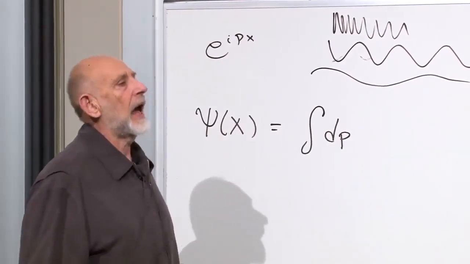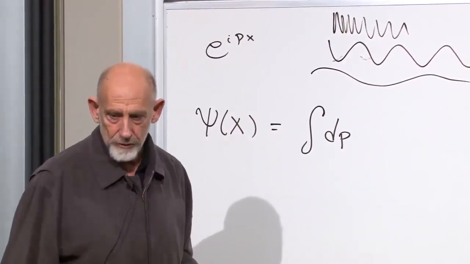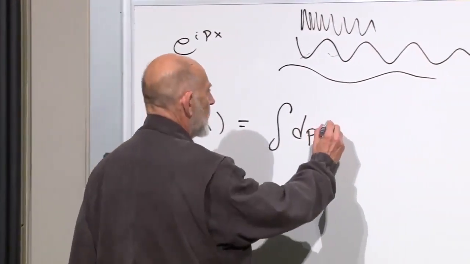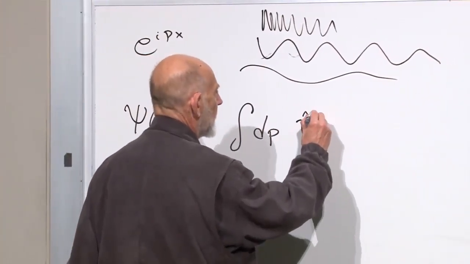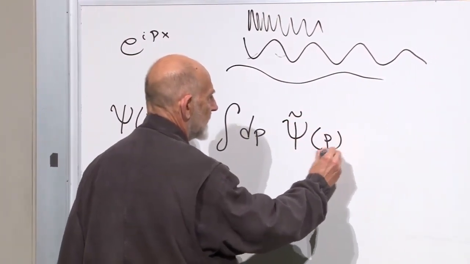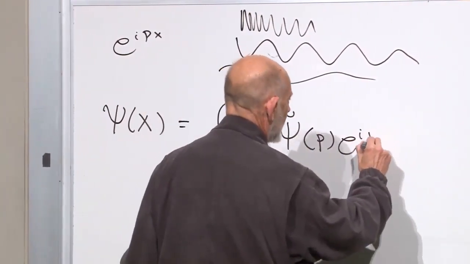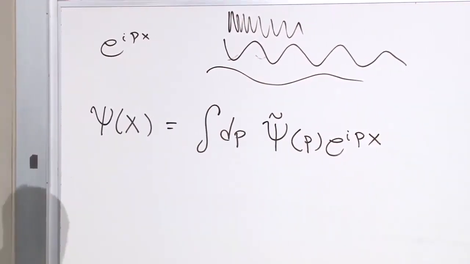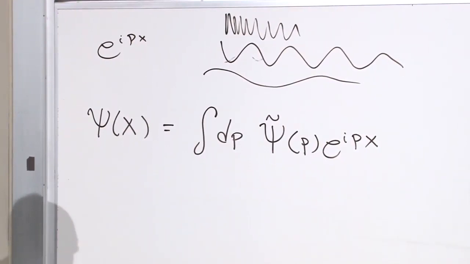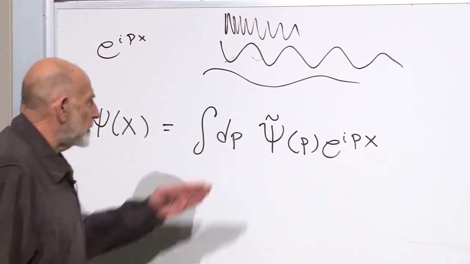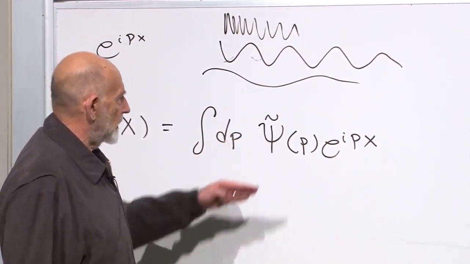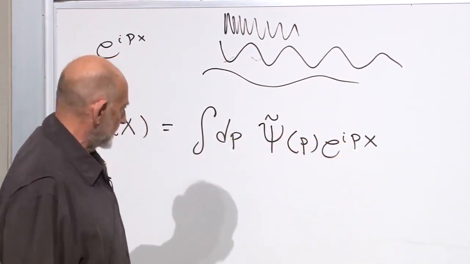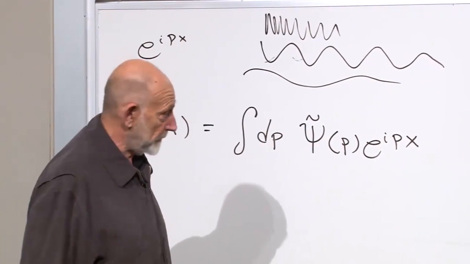Each wavelength has an amplitude, an amount of that wave that's in there, and we'll call that psi twiddle of p times e to the ipx. Psi twiddle of p is just the amplitude that the wave of type p has in the function psi of x.